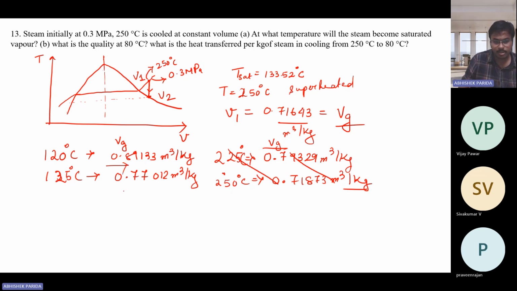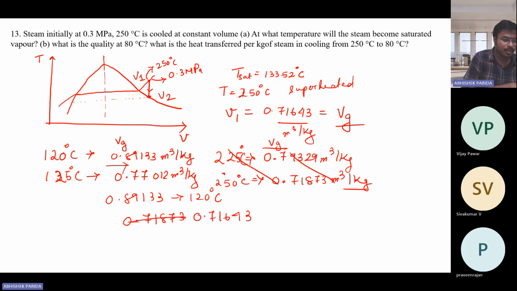You have to do interpolation. Do you know how to do interpolation? Yes, sir. Yeah, so just a unitary method. If you are getting 0.8913 at 120 degrees Celsius, then where will you get 0.71643?